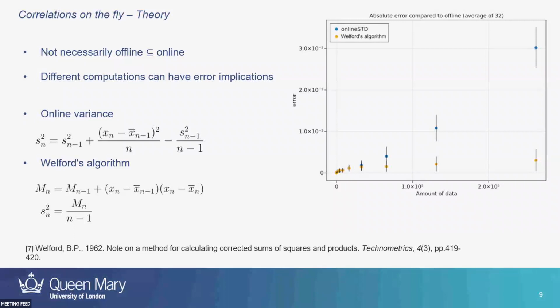The point of this being that how you take your offline algorithm and structure it as an online one can have implications in terms of the error of your result or other things. And fundamentally, that comes down to the fact that there are different computations going on, different things are multiplied or added or whatever.